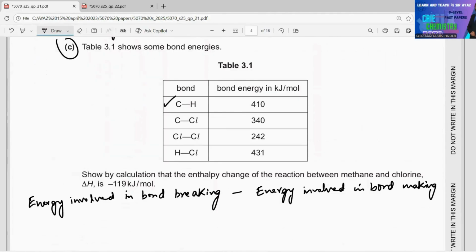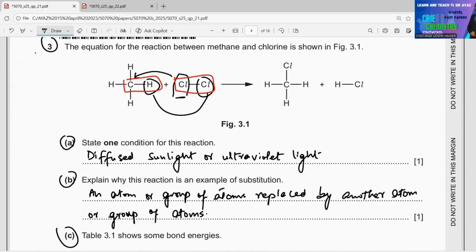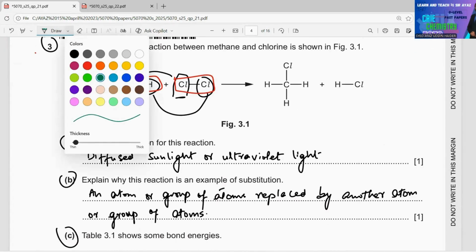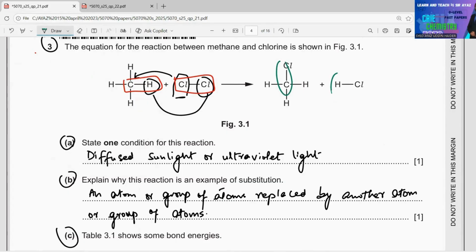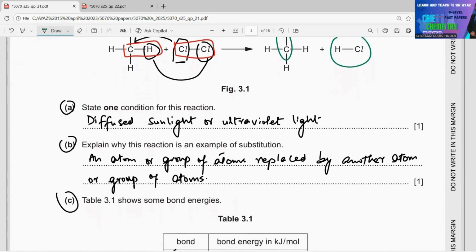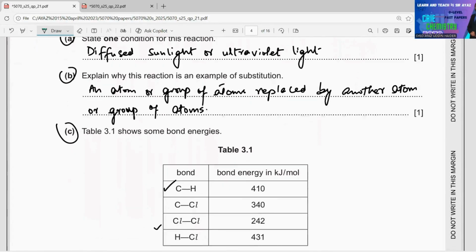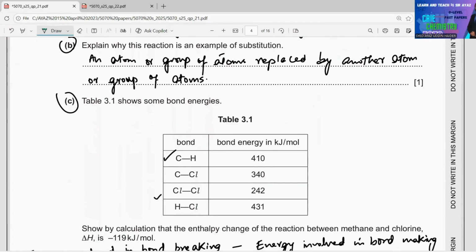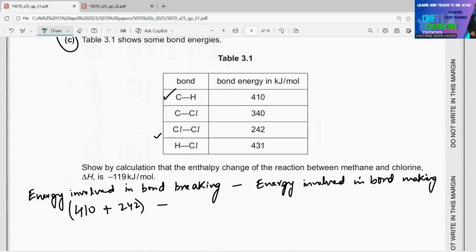Here CH is 410 plus ClCl, here ClCl is 242, minus energy involved in bond making. We can see here the bonds that are made, that is CCl and HCl. So we have one CCl, that is 340, plus one HCl, 431.